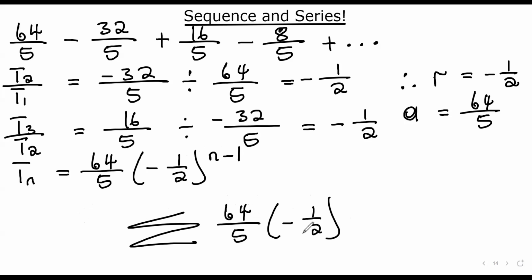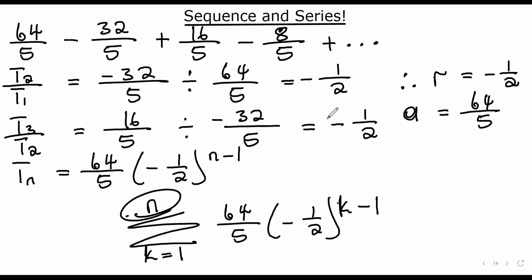So we tell them that we are finding the sum of this sequence from maybe k equals 1 to k equals n. And now we need to write this in terms of k to show that the first value that we are substituting is k equals 1.